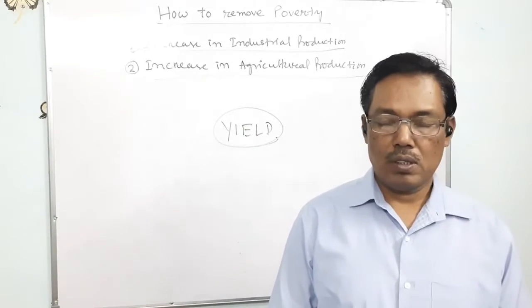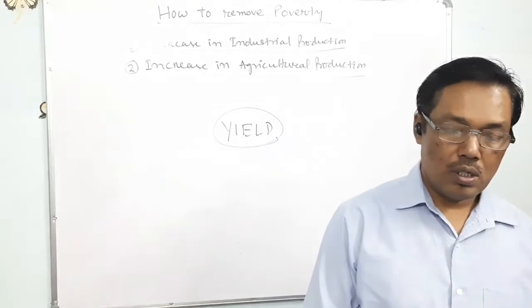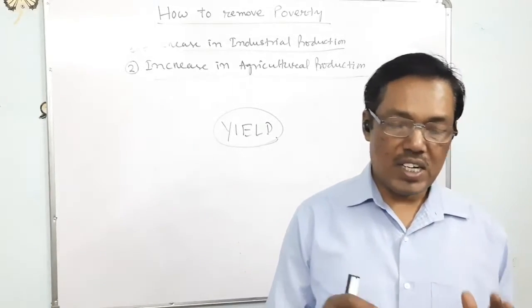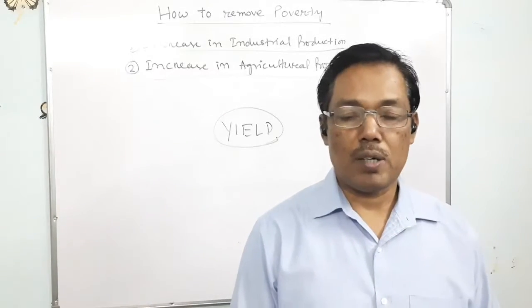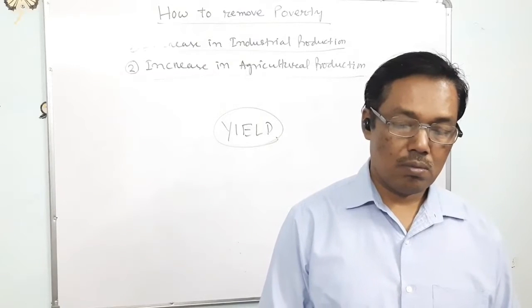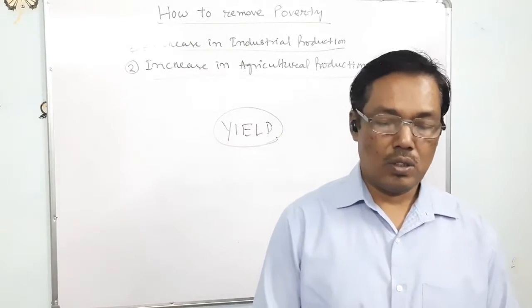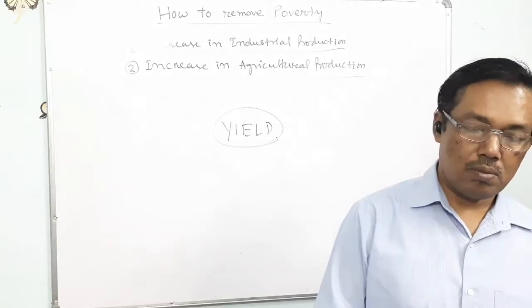So first of all, we have to go to the root cause. Whenever a farmer starts his production, he depends on the monsoon for plowing the fields. If there is no rain, farmers are not able to sow the seeds or plow the fields.